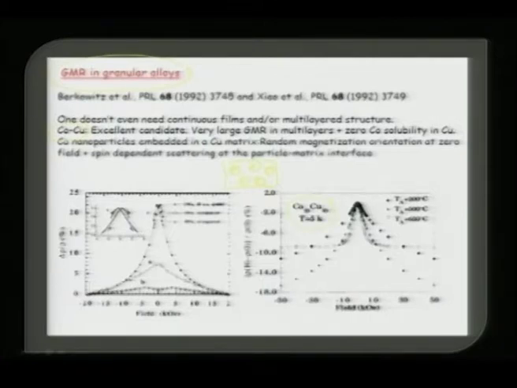This is cobalt in copper, and you can see as a function of temperature the magnetoresistance changes, and one can also change the GMR property based on the cluster size of the cobalt metal. So this is another way GMR property can be exemplified.